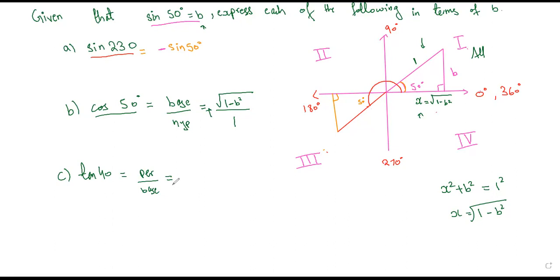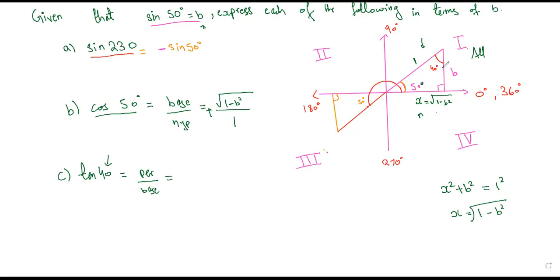Yes, you are 100% correct. It is b, but it is b for 50 degrees. What is the angle? The angle is 40, okay? So in this question, basically the concept is that this is 40 degrees. And now you need to think about this angle, okay?